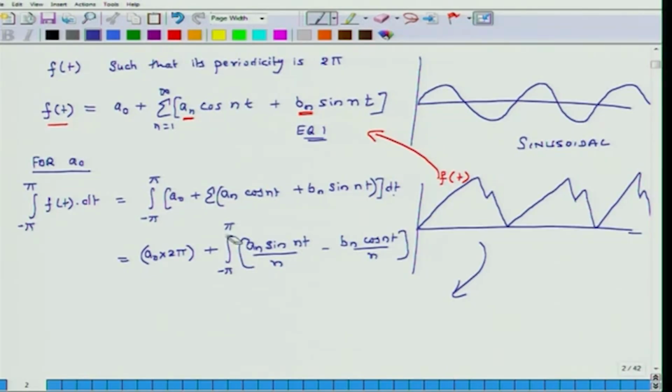When I integrate it, I have already integrated it, so I have removed the symbol of integration, and I am going to calculate these limits in the interval minus pi to pi.